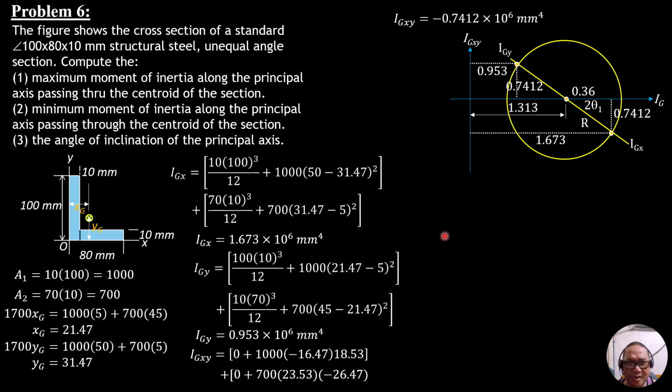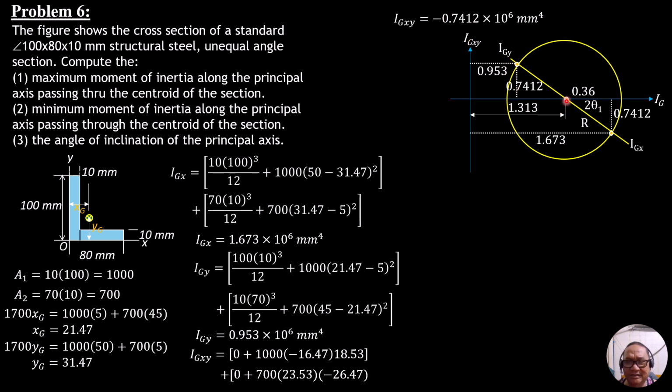So 1.673, which is this, and negative 0.7412. So this is the first point. That's the centroidal x-axis. Then the other point is IGY, which is 0.953, which is also positive, and positive of this value 0.7412.